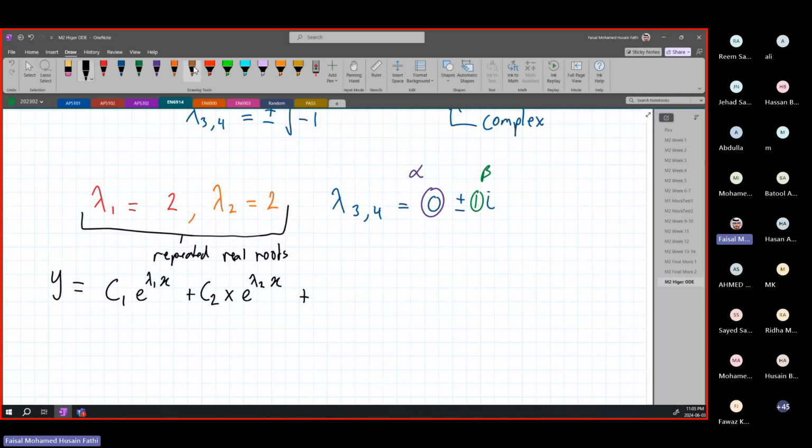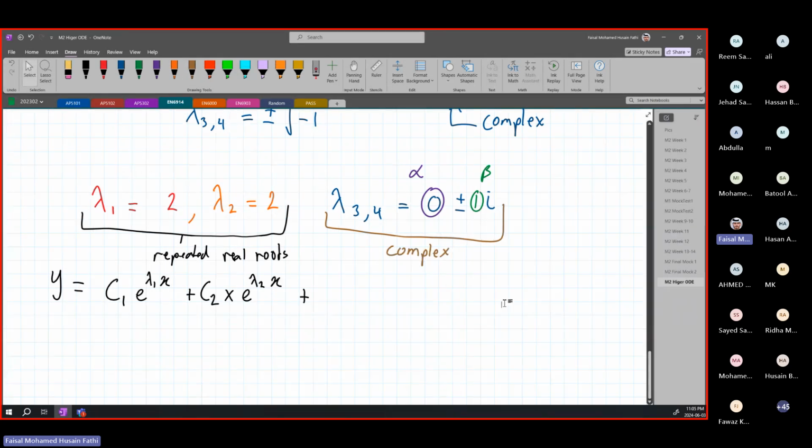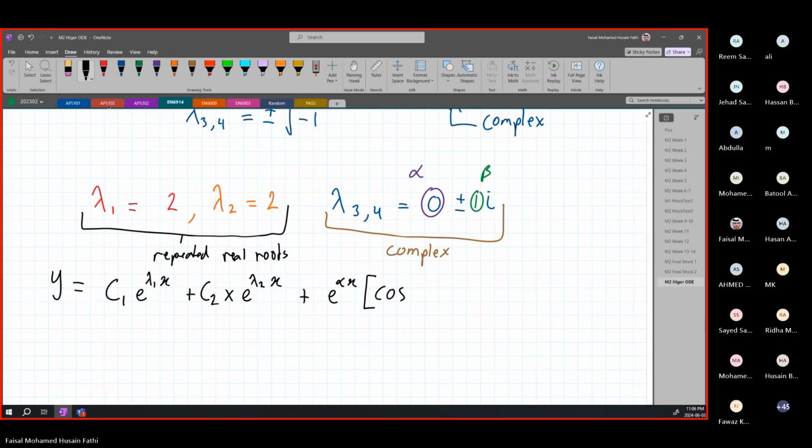Plus, now let us look at our other case, which is just a basic complex case. What is the complex case? It is going to be e to the power of alpha x, times cosine, well, I forgot C1 and C2 again. So in this case, we have C1, we have C2.